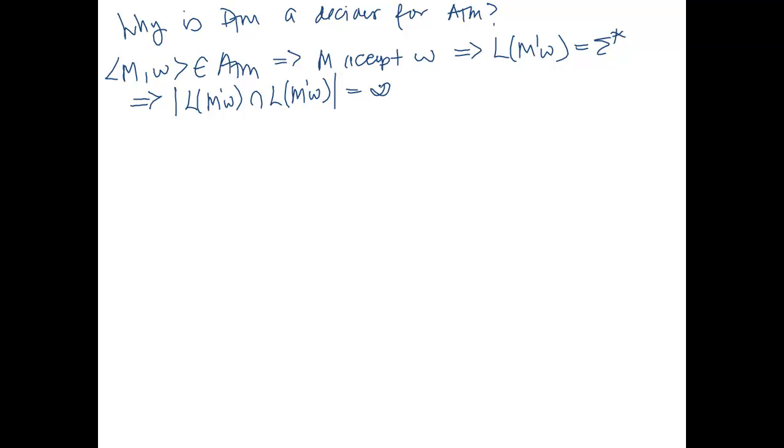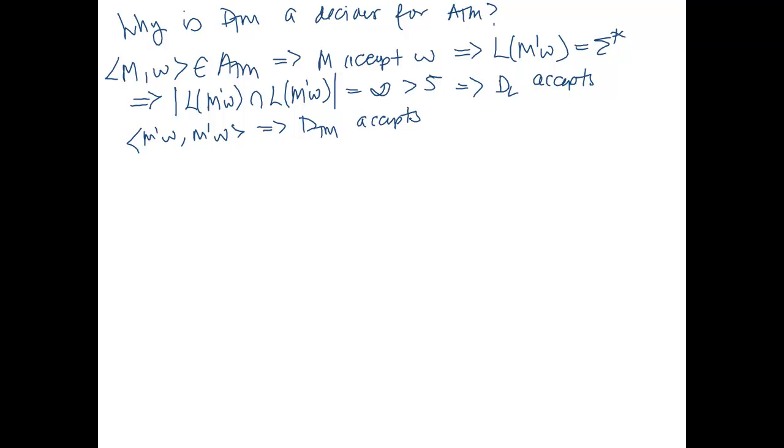Okay, that's definitely bigger than 5. Okay, and then DL accepts M prime W, M prime W. What happened when DL accepted? Well, then DTM accepted. We did whatever DL did. Then DTM accepts. Okay, so take an arbitrary string in the language of ATM, DTM is going to accept it.